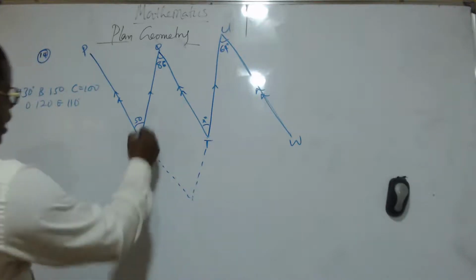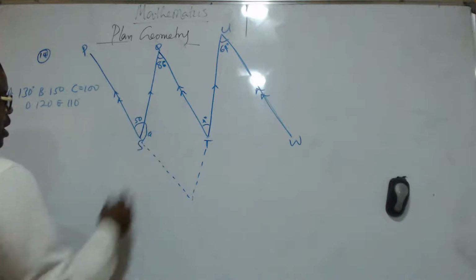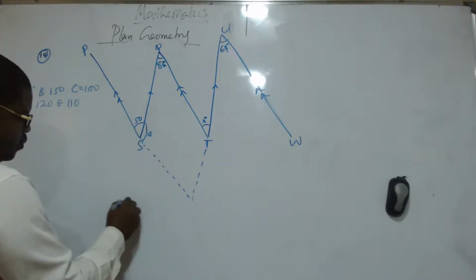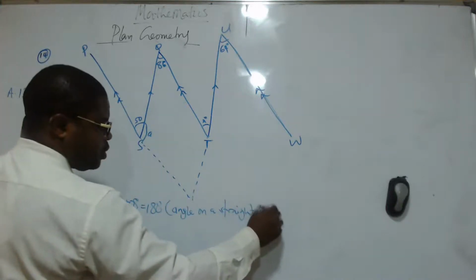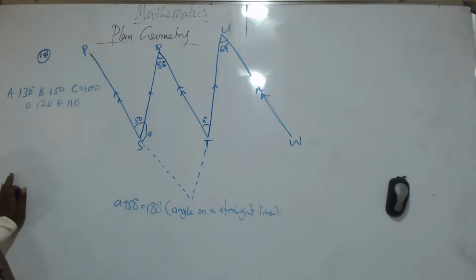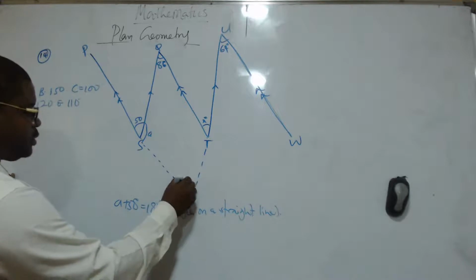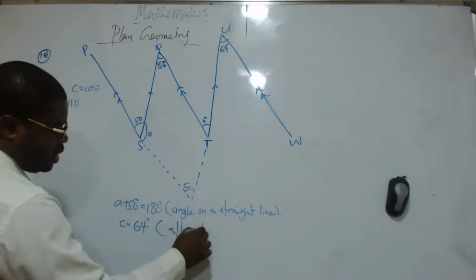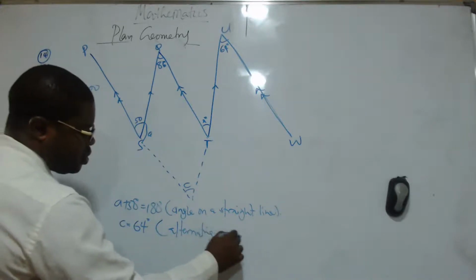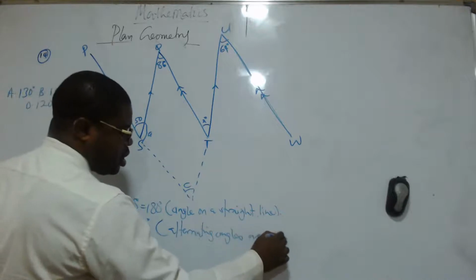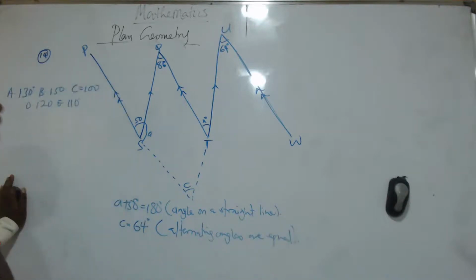Okay, now name here A. You have A on a straight line. Okay. Now name this angle here C. Alternate angles are equal. Okay.